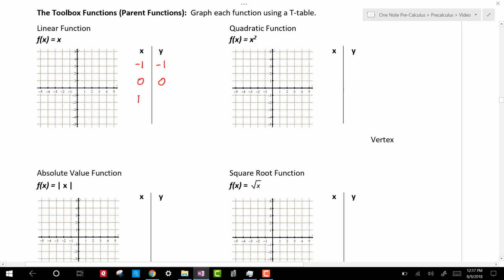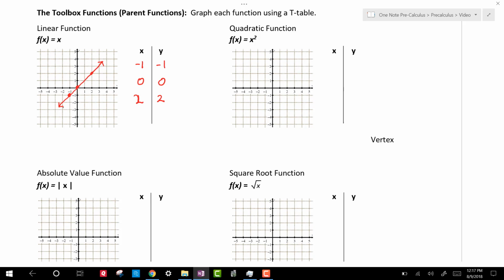If I plug in 1 for x, or let's say even 2 for x, I get 2 for y. So if I needed to, I can always plug in points and I end up with this graph here. Hopefully you already knew that this was a straight line going through the origin at 0, 0. But that is what we call the parent function of a linear function.